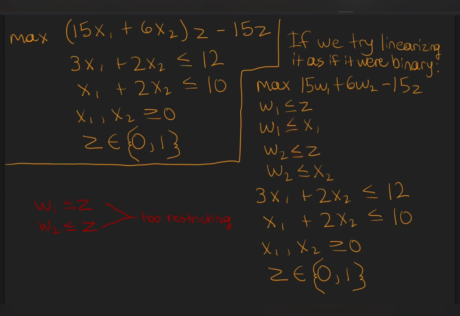Okay, so the reason why this part is wrong is because w1 less than or equal to z and w2 less than or equal to z is too restricting. Over here we have that z can only be 0 or 1. So if we're selling, say, 8 bottles of alcohol 1, then w1 is less than or equal to 8 and w1 is less than or equal to 1 because z is binary. Since z is binary, w1 is less than or equal to 1 no matter how many bottles of alcohol 1 we sell.